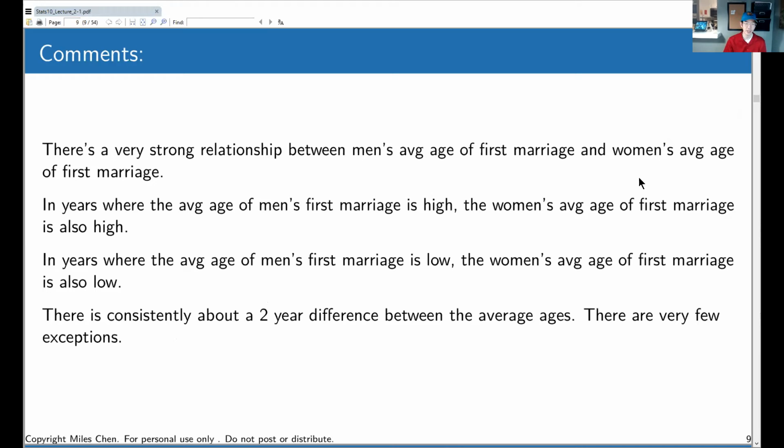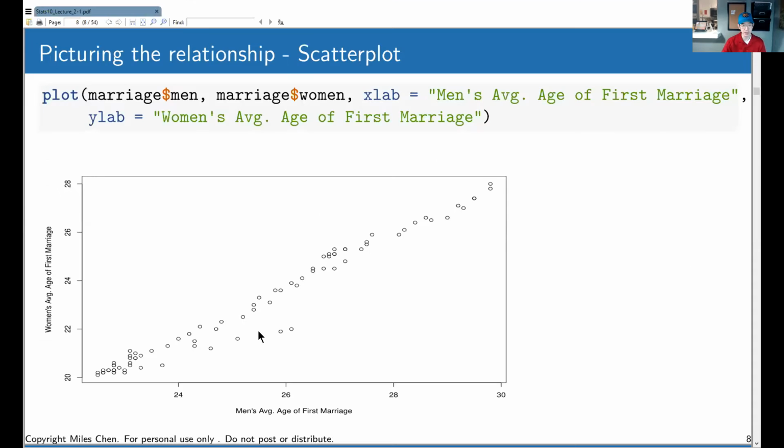In years where the average age of men's first marriage is high, the women's average age of first marriage is also high. And when it's low, it's also low. Consistently, there's about a 2-year difference, okay? There are a few exceptions. I think this is 1890, where the age difference was around 4 years, but in general, there's around a 2-year difference.